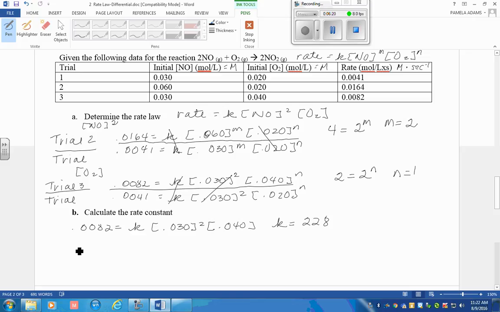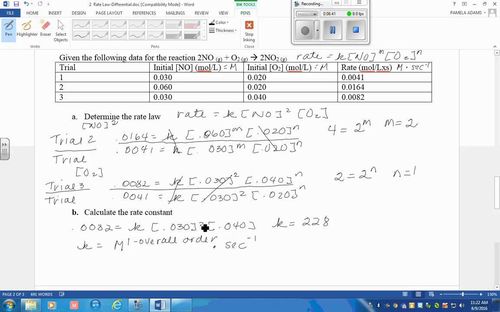We discussed in an earlier lecture that the unit is the concentration to the power of 1 minus the overall order, multiplied by the unit of time, which would be seconds to the negative 1.